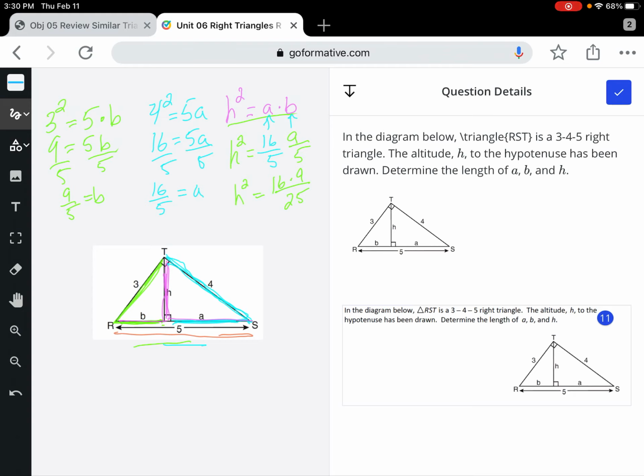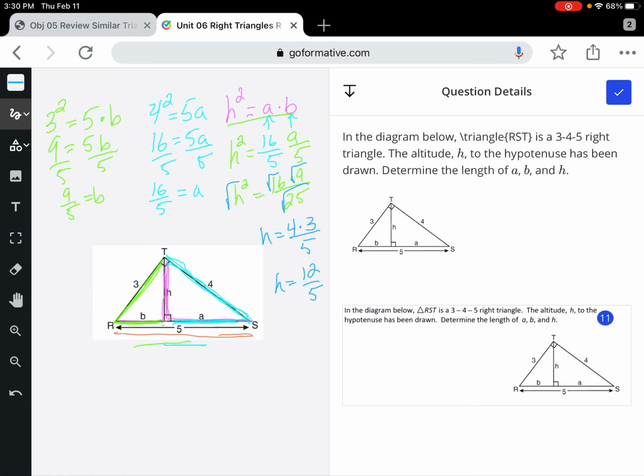The reason why I'm not going to multiply them out is because I know that I'm going to have to take the square root, and you can actually take the square root of each part, so you don't have to deal with a big number that you have to simplify. So h is going to be, well, the square root of 16 is 4, the square root of 9 is 3, and the square root of 25 is 5. So h is going to be 12/5.